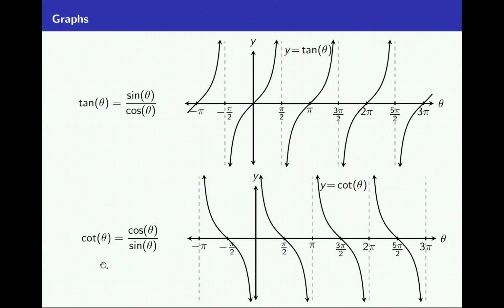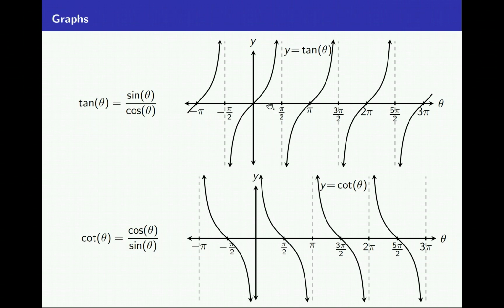Moving on to the graph of cotangent theta. Cotangent theta is cosine theta over sine theta. It's the reciprocal of tangent theta. So when tangent theta is close to 0, cotangent theta will be close to infinity.